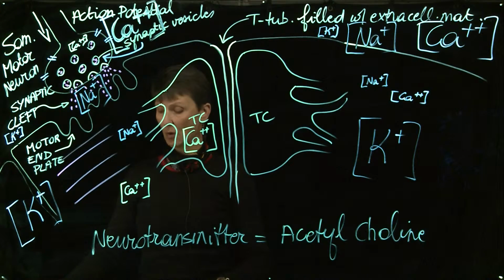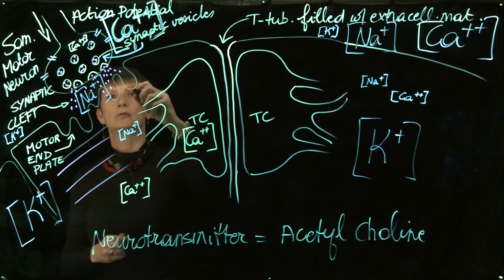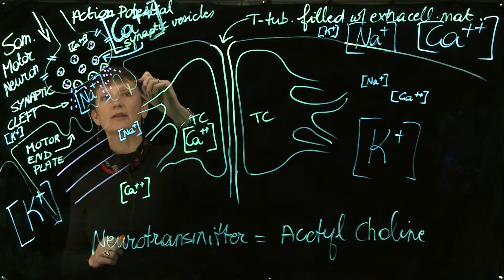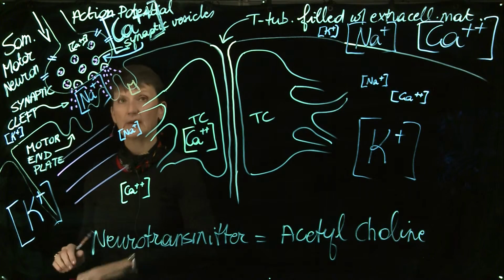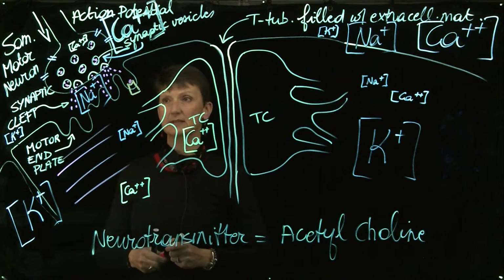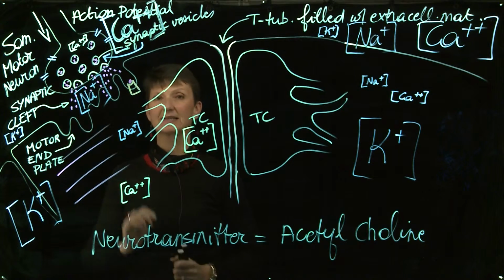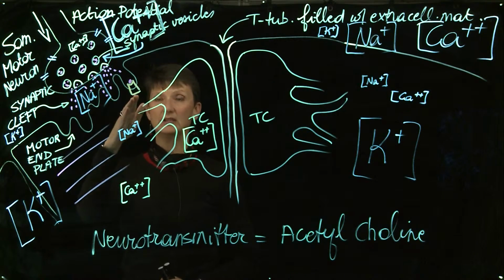I will just draw one of these for now, but try to remember that there are many of them. And I'll just draw it like so, and your acetylcholine can bind to it. So this whole motor end plate is packed with these protein receptors.